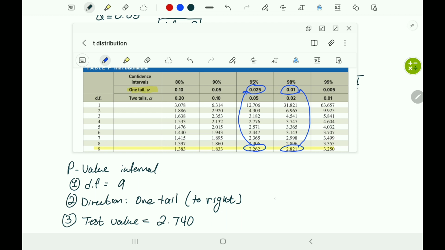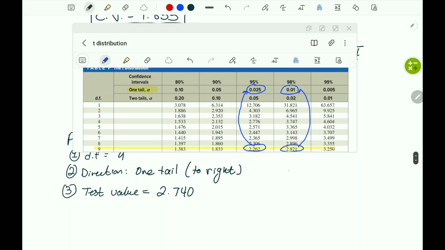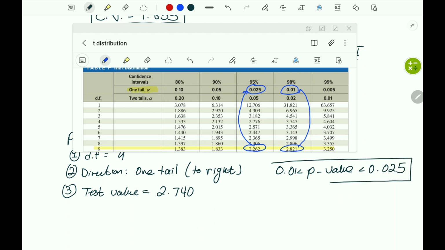The p-value will be in between 0.01 and 0.025. And that is your p-value interval.